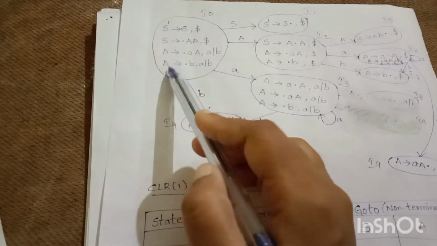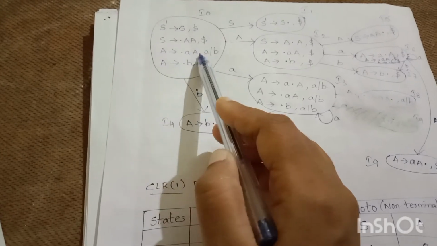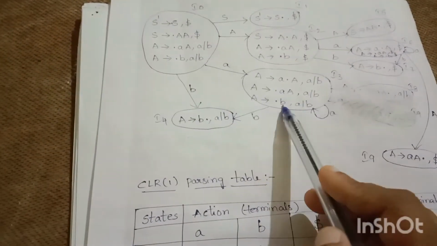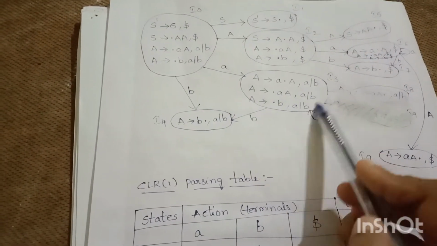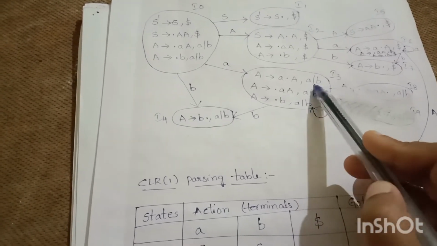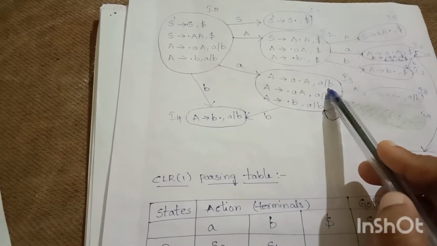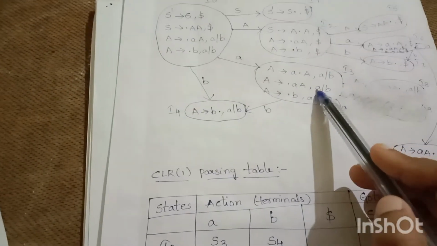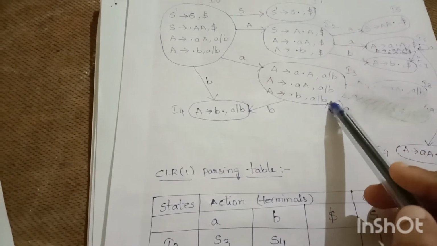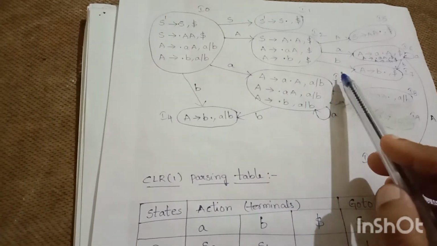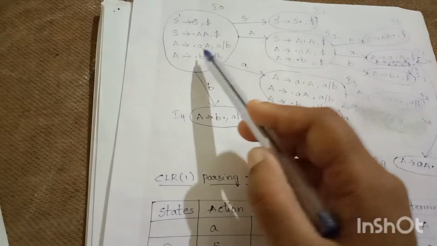So for the non-terminal we have the productions A tends to dot a and A tends to dot b. So here the look ahead symbol you need to write is what we have in this particular state. So the look ahead symbol you need to write is a by b and a by b. So this I am naming as state I3, and this is completed.